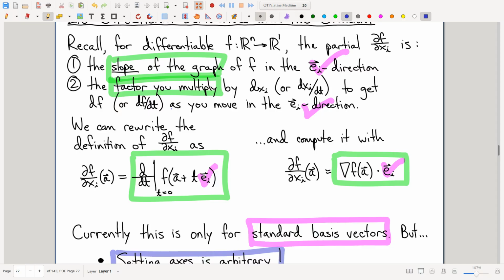Well, yeah, but any unit vector could be a standard basis vector. So here's the big conclusion: not only are these four expressions in green all equal for standard basis vectors, they're equal for all unit vectors.